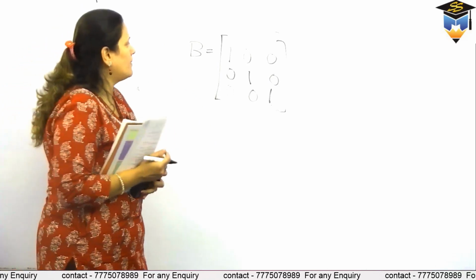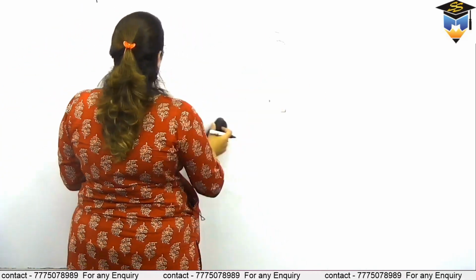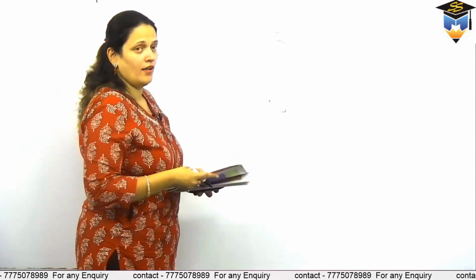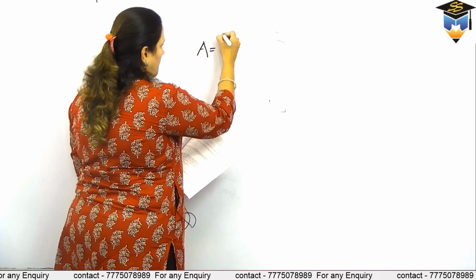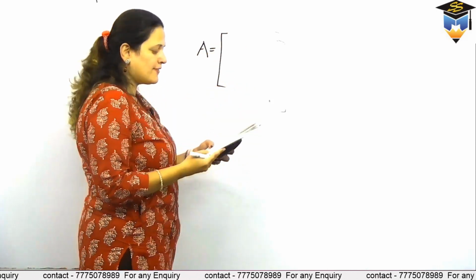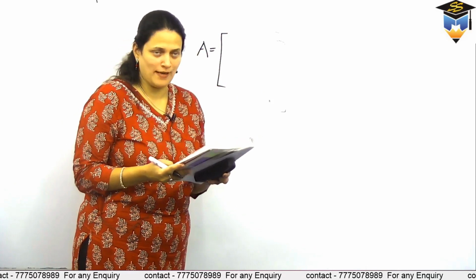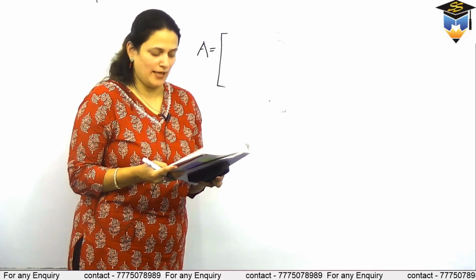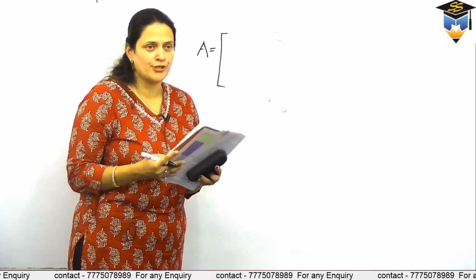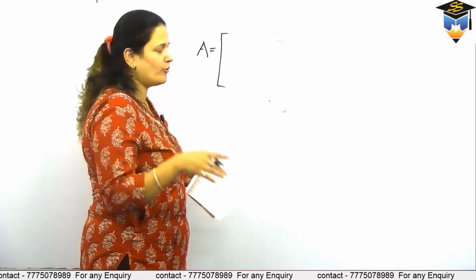They have said that every scalar matrix is a diagonal matrix, but every diagonal matrix need not be a scalar matrix. Understood?